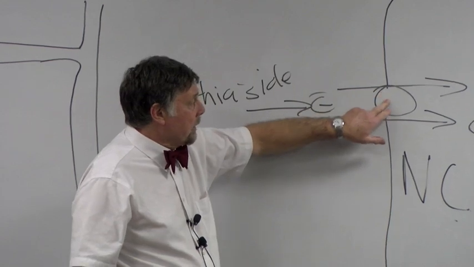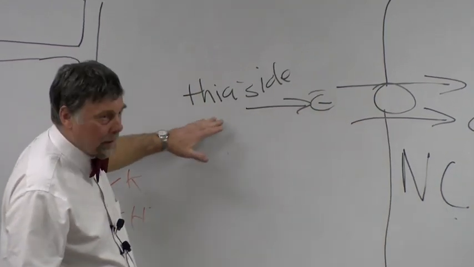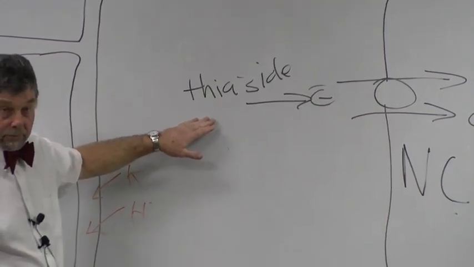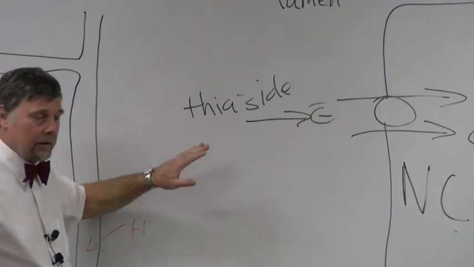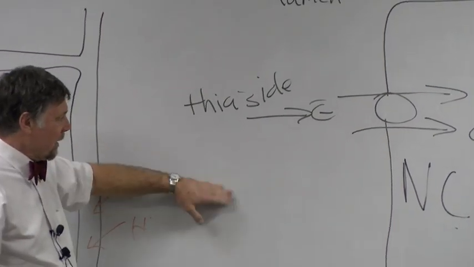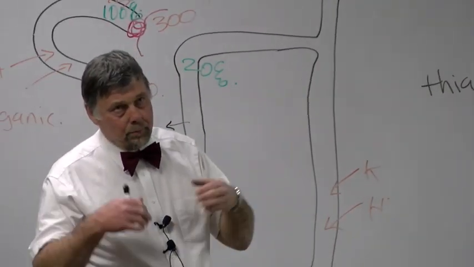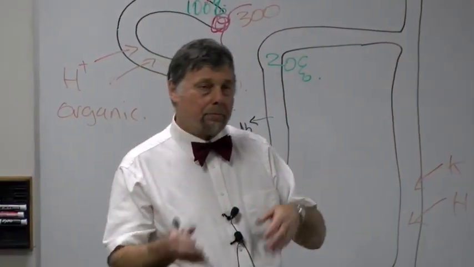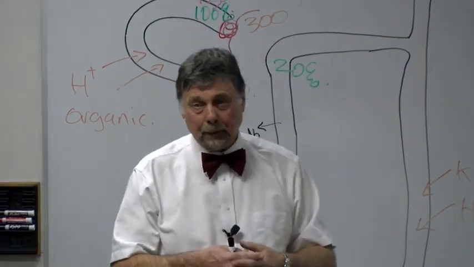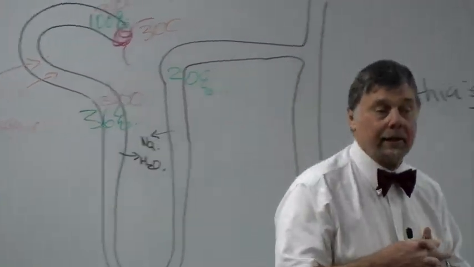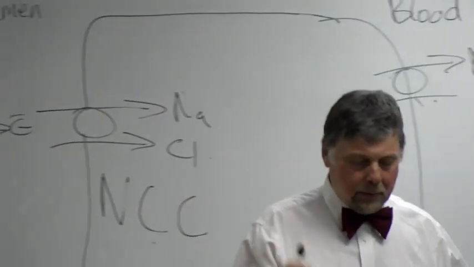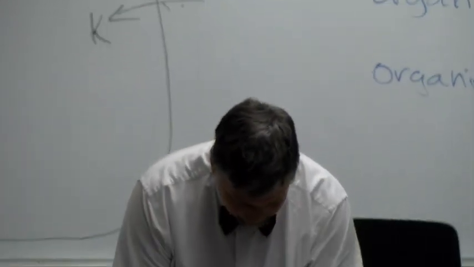And so Gitelman's behaves much like a thiazide diuretic. Okay? And the only reason I mention that is that by the time you get to the step exams, you'll probably be asked to understand what's going on in Bartter's and Gitelman's syndrome. Okay? So it's just a heads up. I don't want to go into any more detail than that right now.